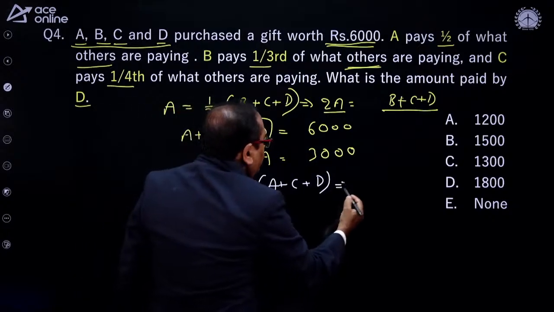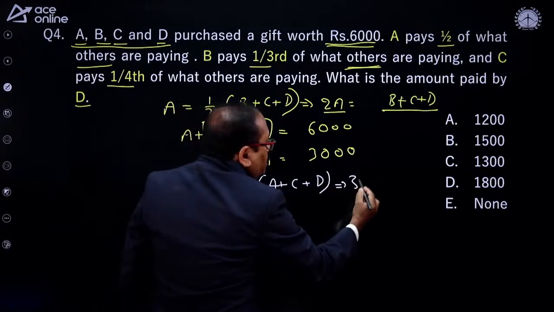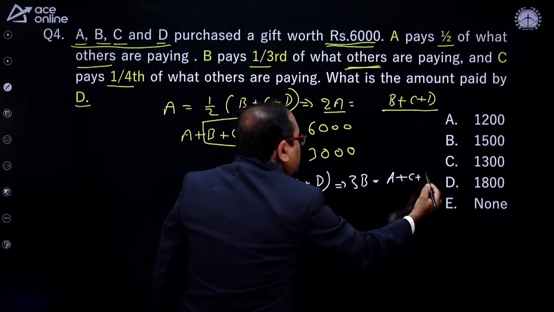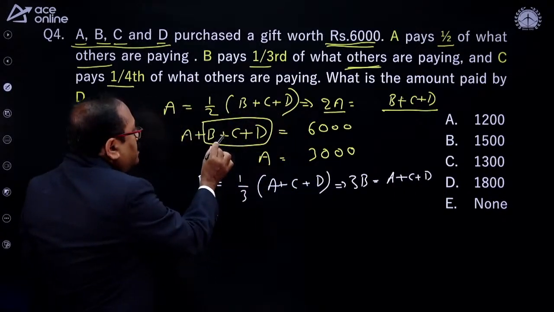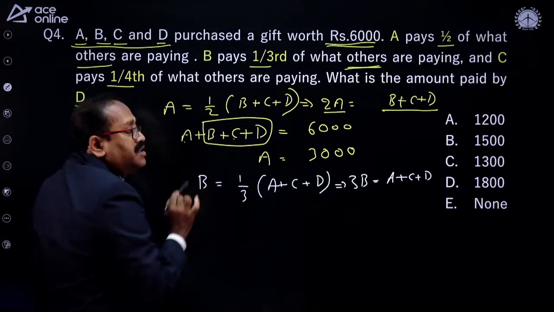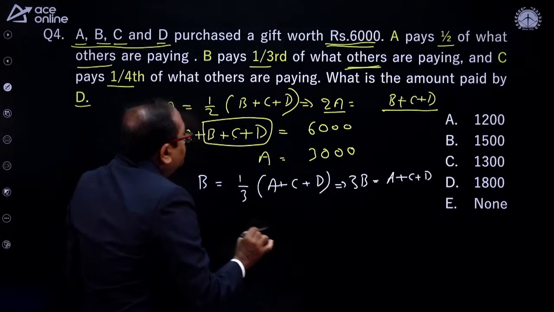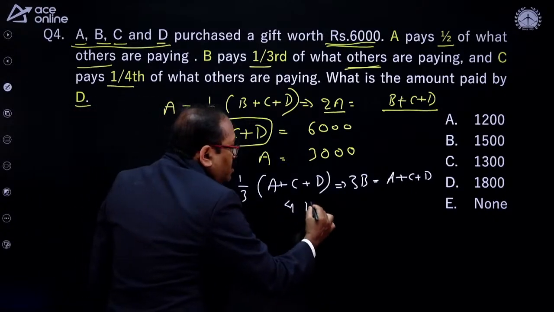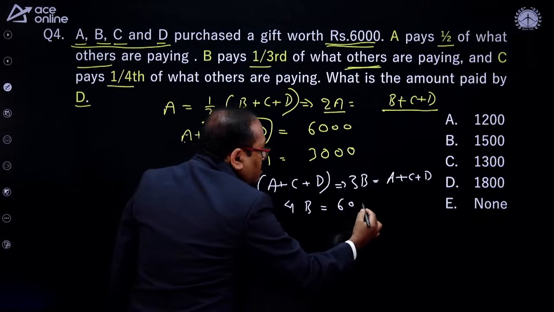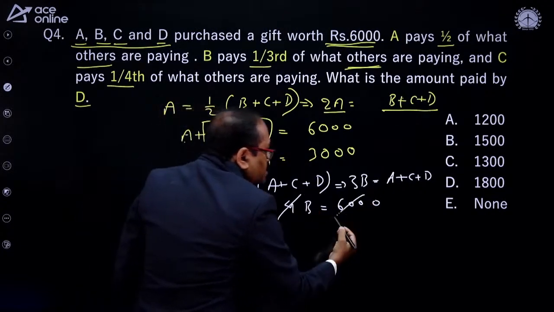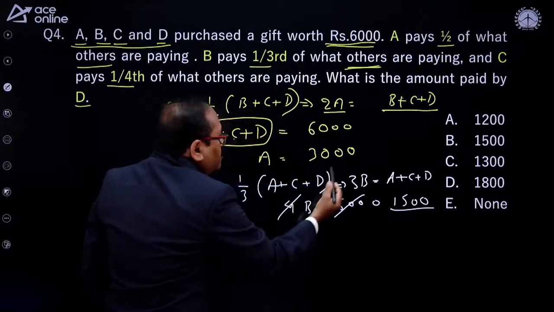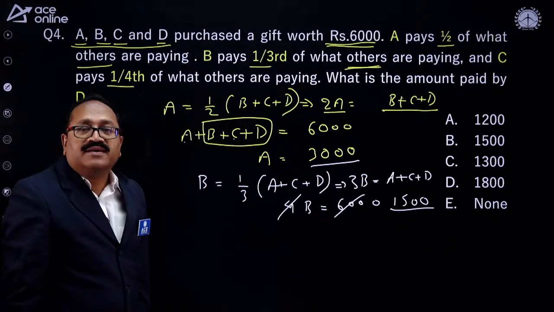So when I simplify further, I will get that 3B is equal to A plus C plus D. So can I replace the A plus C plus D with 3B? So I will get the total 4B, and 4B is equal to how much? 6,000. Then what will be B? B will be equal to 1,500. I am getting the B value here, I am getting the A value here.